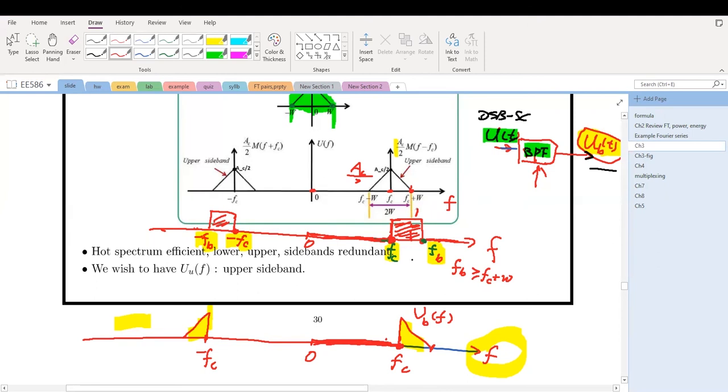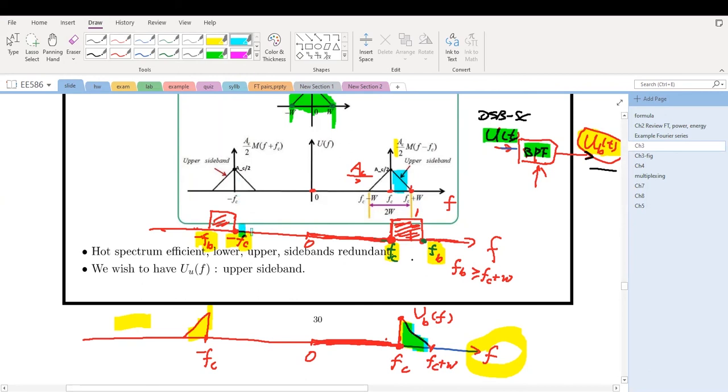Because the magnitude is 1 here, everything is passed with the same shape. This portion is passed through to here. And here that's fc plus W. The same thing on the negative portion of the frequency.